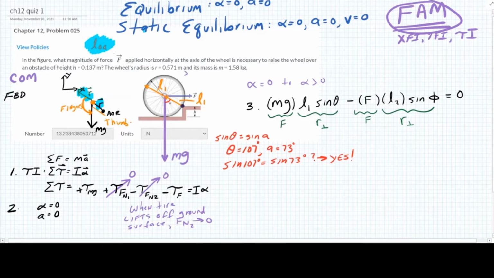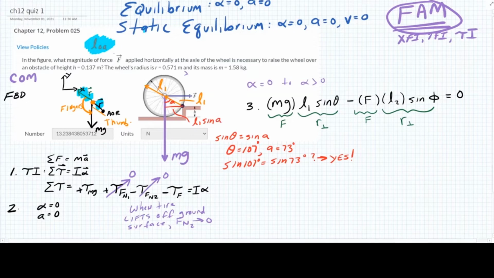So when I take the sine of angle A, I'm actually finding this dimension right here. This dimension is L1 sine of angle A.